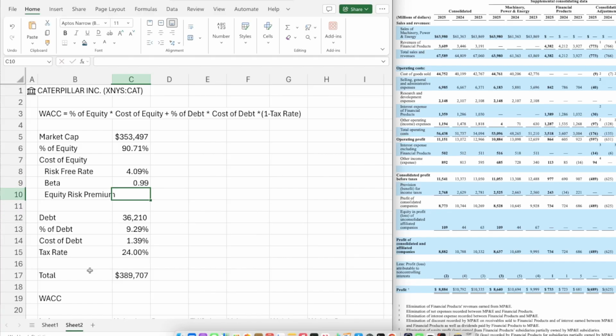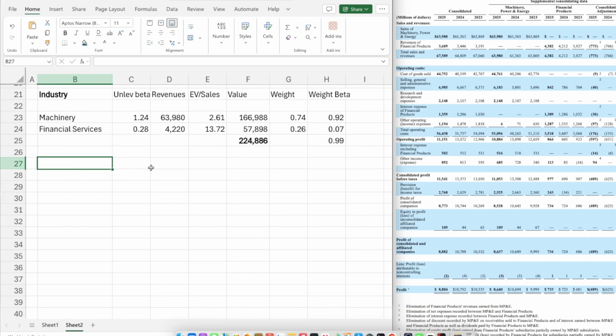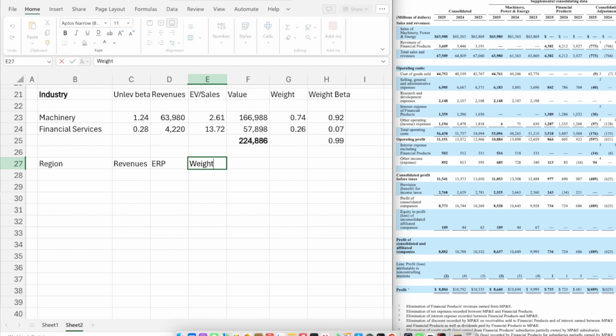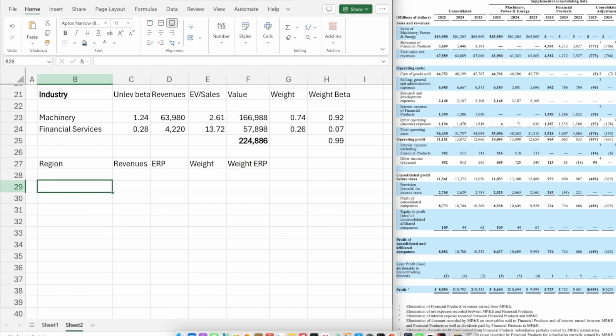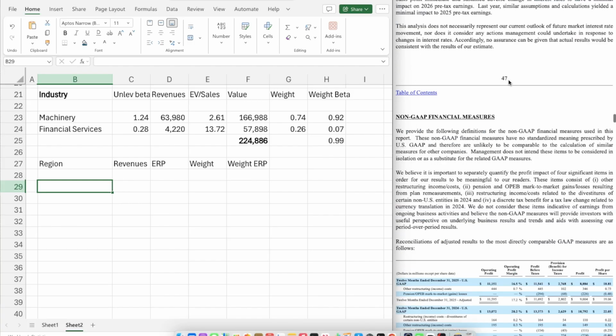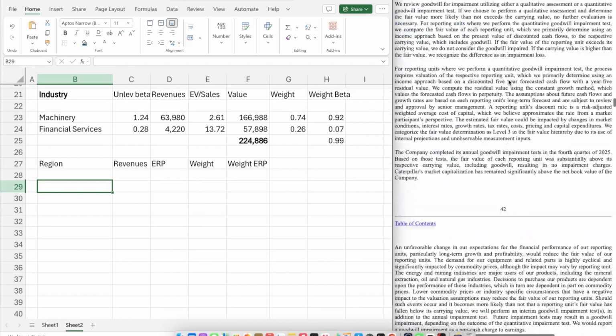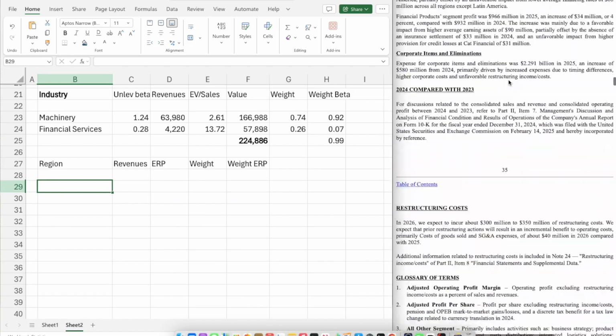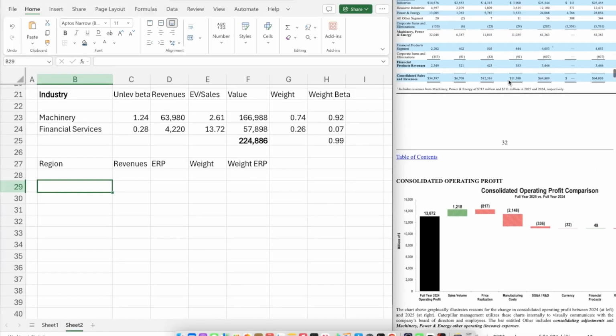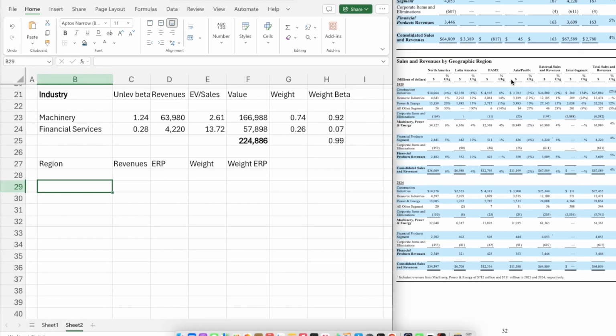Now for your equity risk premium, we need to take the region, revenues, the ERP, weight, and then weighted ERP. So we know where, 32, I think it was. Here we are.